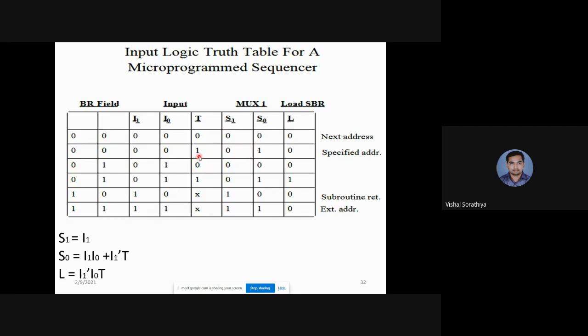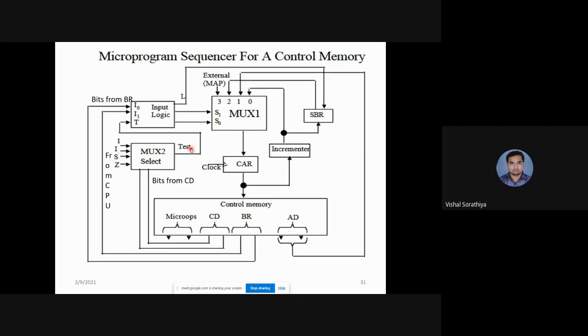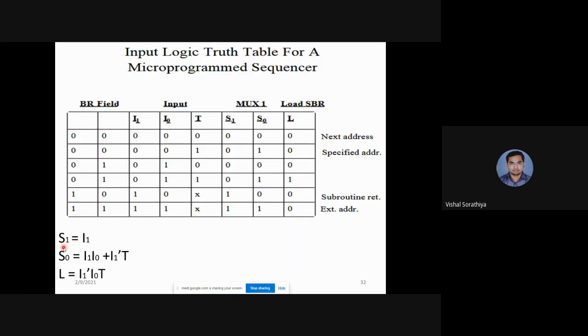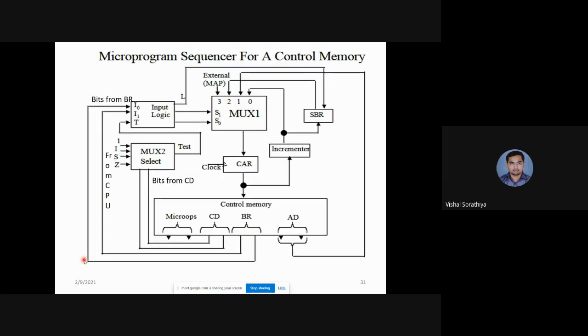Okay, so if you have a question like what is inside of this S1, S0, how S1, S0 is generated, then if we look here, how this S0, S1 will be generated, it is going to be generated by this equation. S1 equals I1, S0 equals I1 I0, I1 bar T. While L, whatever that L is, this is to give the signal to the subroutine.